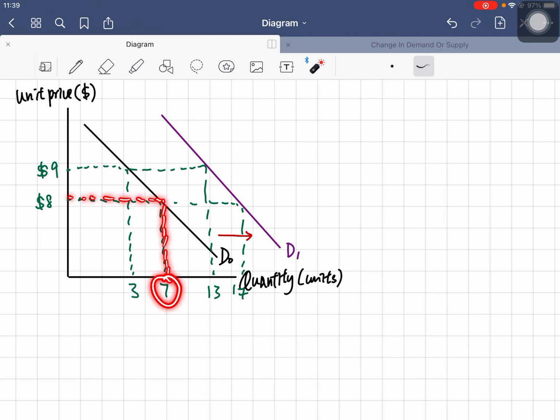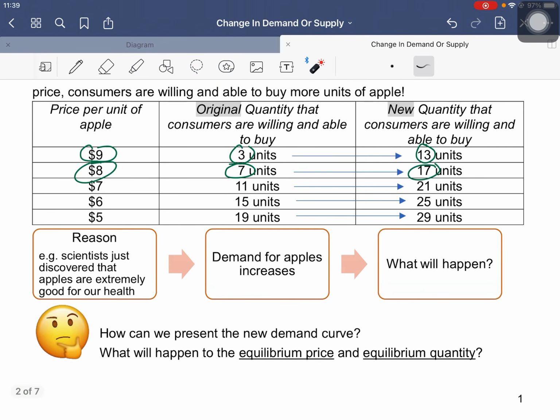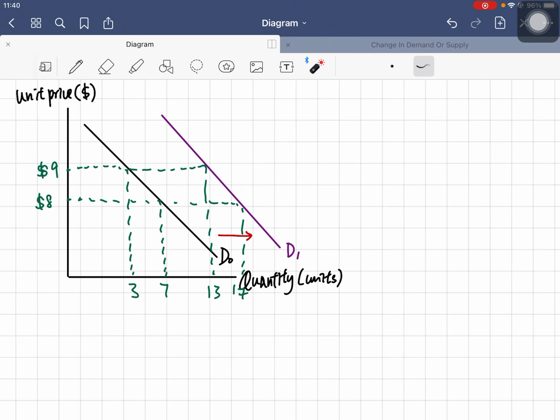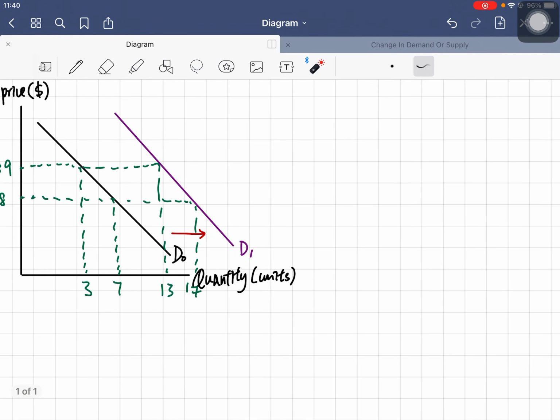Originally, they're going to consume 7 units of apples. Right now, they're going to consume 17 units of apples. So we are representing this new demand curve here, and we observe there is a shift of the demand curve, a shift to the right.